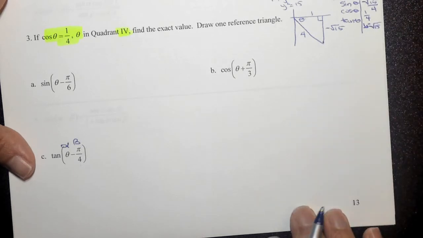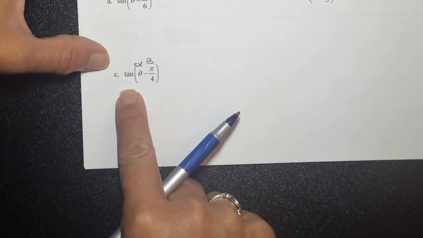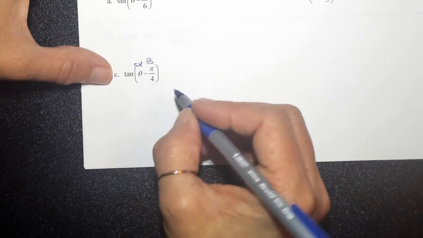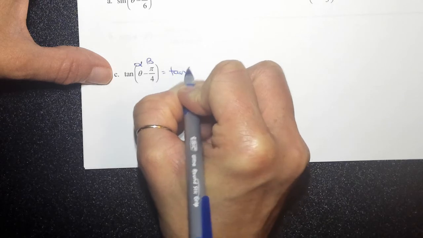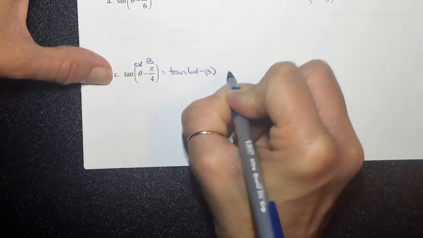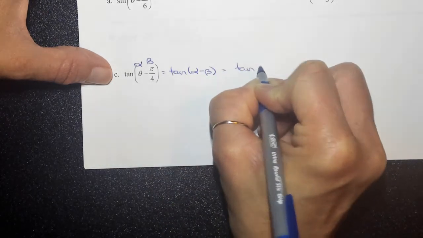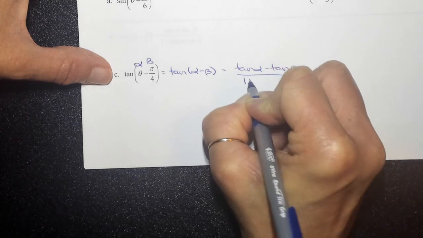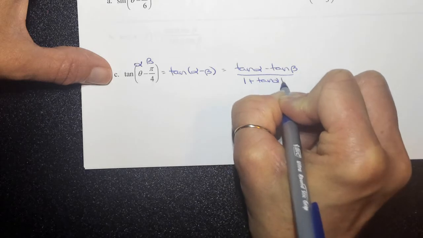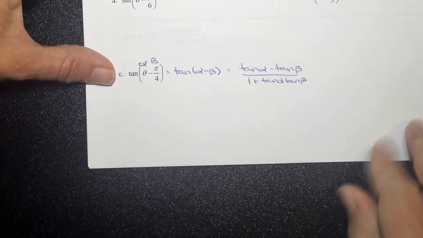Okay, so what I need to do, this is tangent of alpha minus beta, so I'm going to write my formula. So what we're going to do is tangent of alpha minus beta, which is equal to tangent of alpha minus tangent of beta over 1 plus the product. Okay.